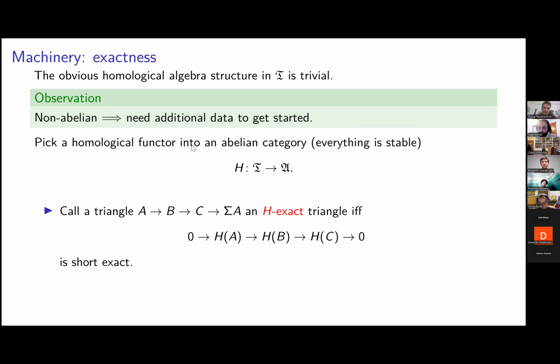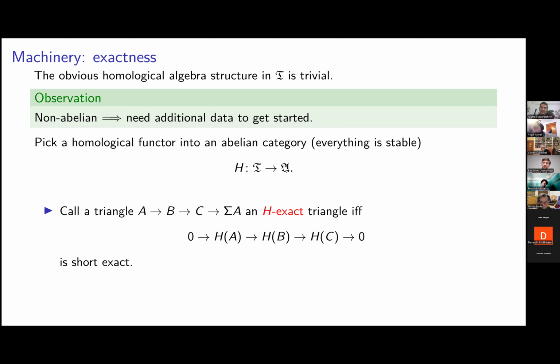So I pick this functor into some abelian category, let's say A, and I mention in the parentheses here that everything is stable, meaning that T has this suspension functor, and I also assume that this abelian category on the right side also has some kind of suspension shift functor, and all of my functors will commute with that suspension. I'm going to say it once and forget it because it's a technical issue. Just know that everything is stable and everything commutes with suspensions on both sides.